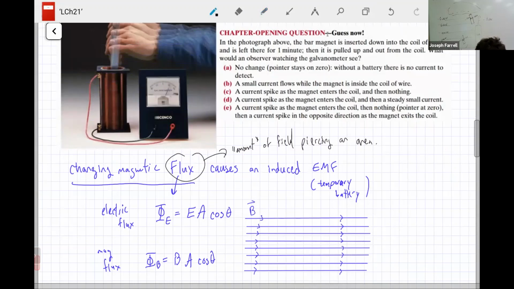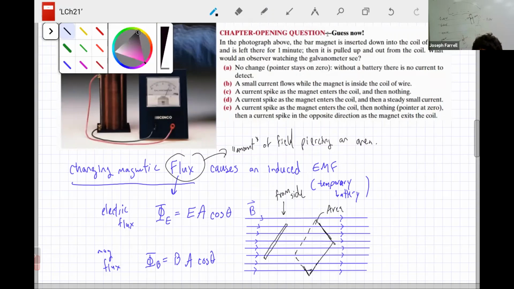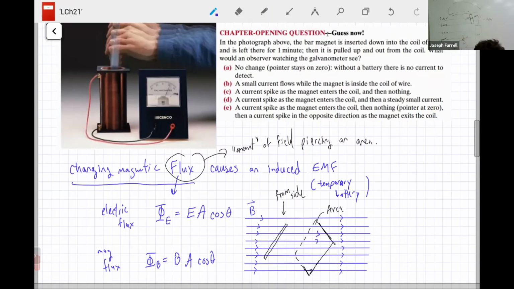If I have this uniform magnetic field, and in here I put a little piece of area like this, we could look at it from the side, just a thin area, so we can see it angled on. Basically, the idea is how much of this field is going through there. And so you've got an effective size for it.